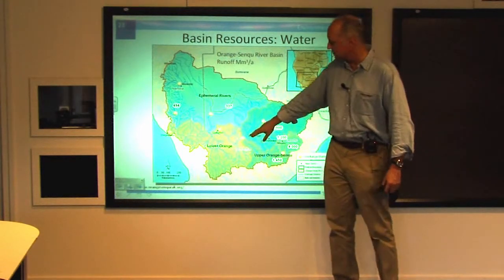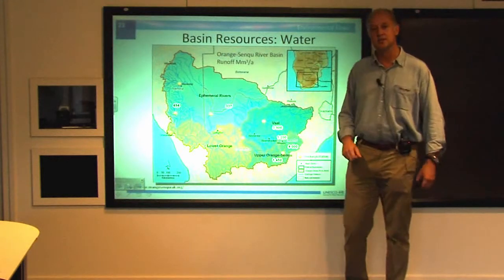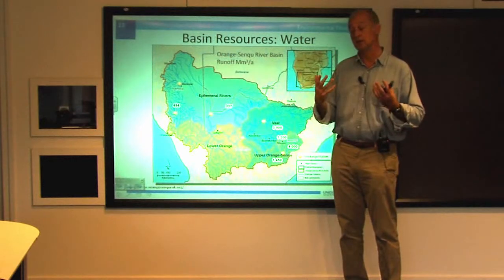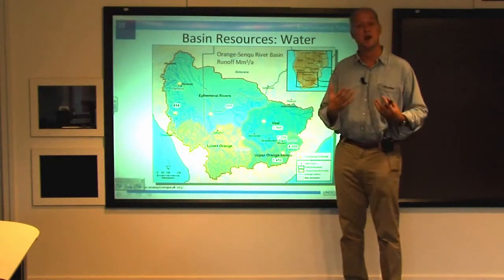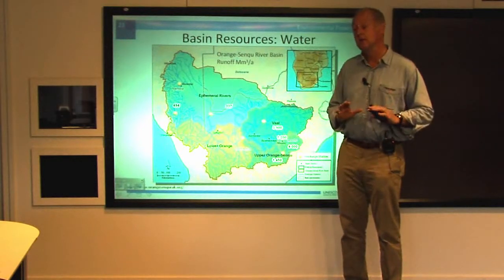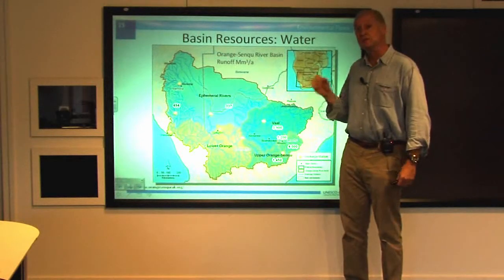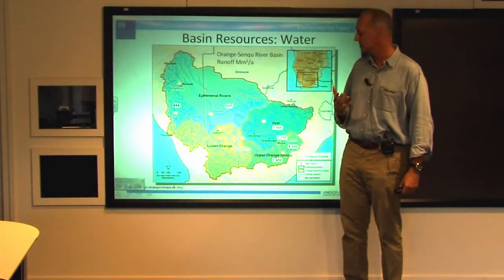And now I've also superimposed on here discharge stations, river gauging stations, exactly like the precipitation stations, meteorological stations before. Now these are something that I've just put on myself as an example for you, because surprisingly the collection of maps that come from the Orange Senqu do not have a map that shows where the existing stations are.